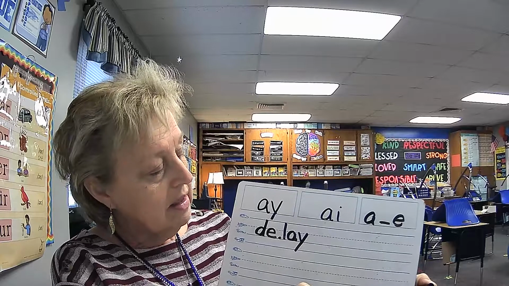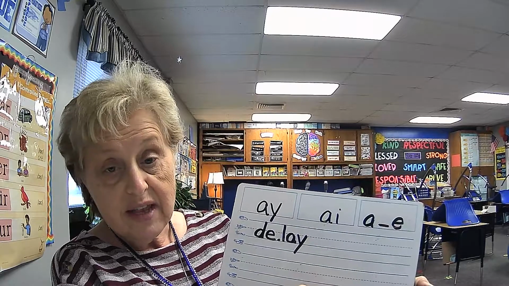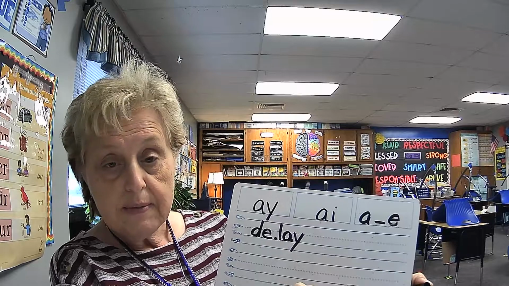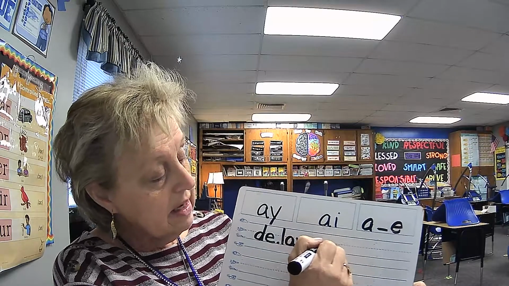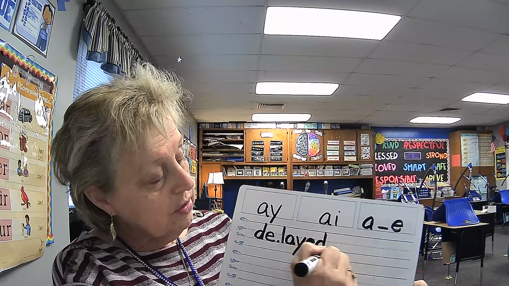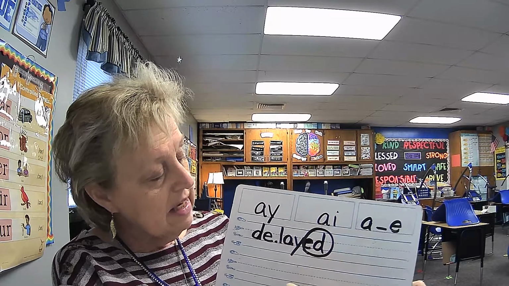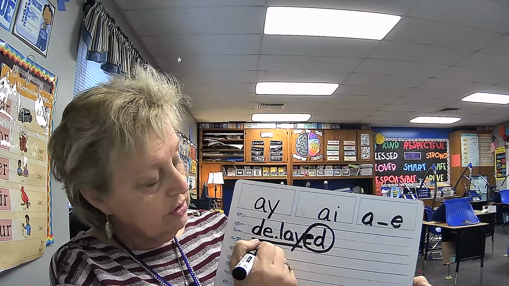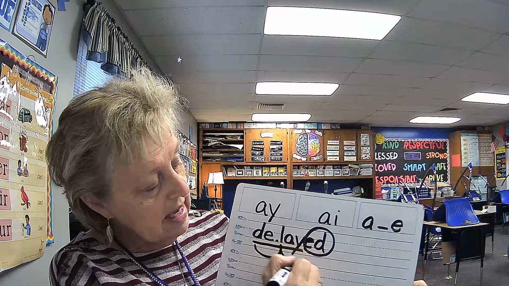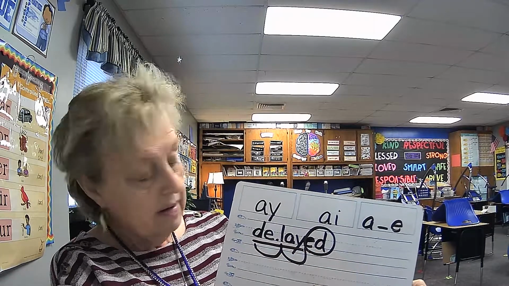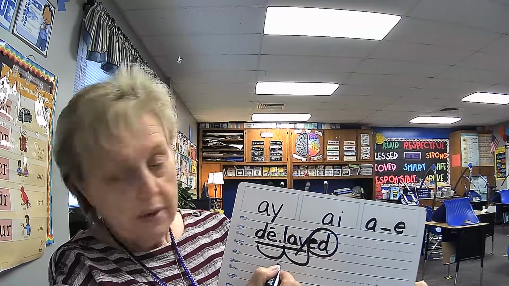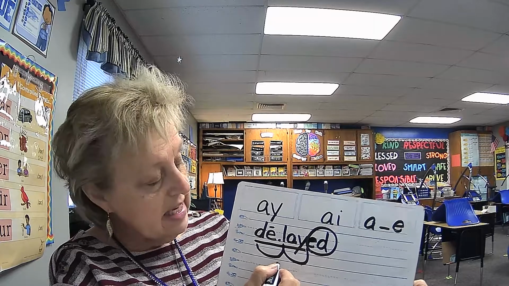Delay. But I want to have the suffix on the end. Delayed. What would the suffix be? That's right, ED. So let's circle the suffix, delayed, underline the word delay, scoop it, delay, and then we know that the E is a long vowel, so put a macron above the long E, D, and that is open.